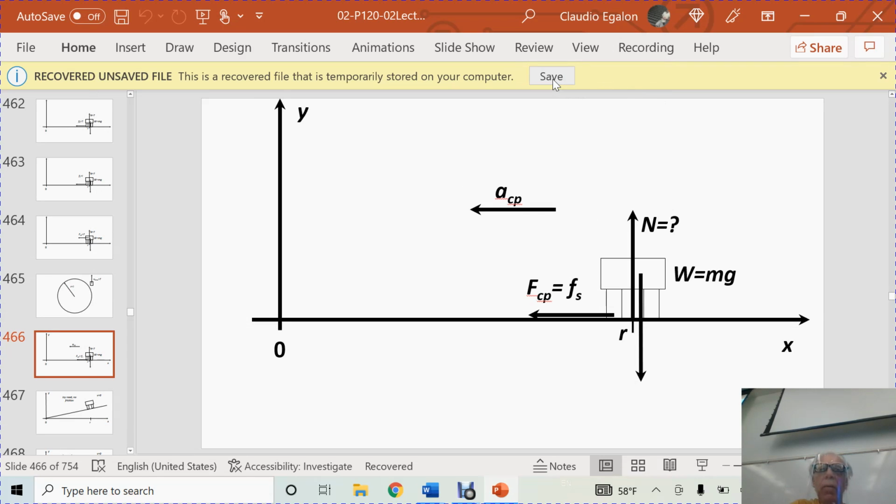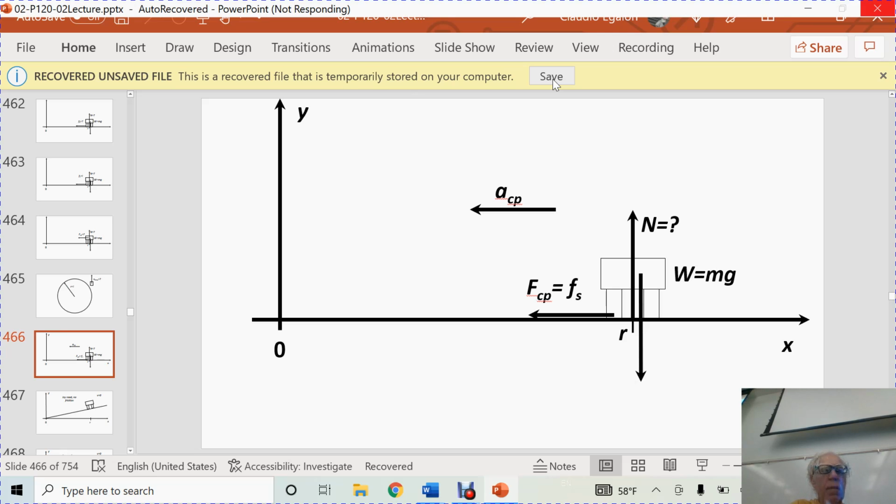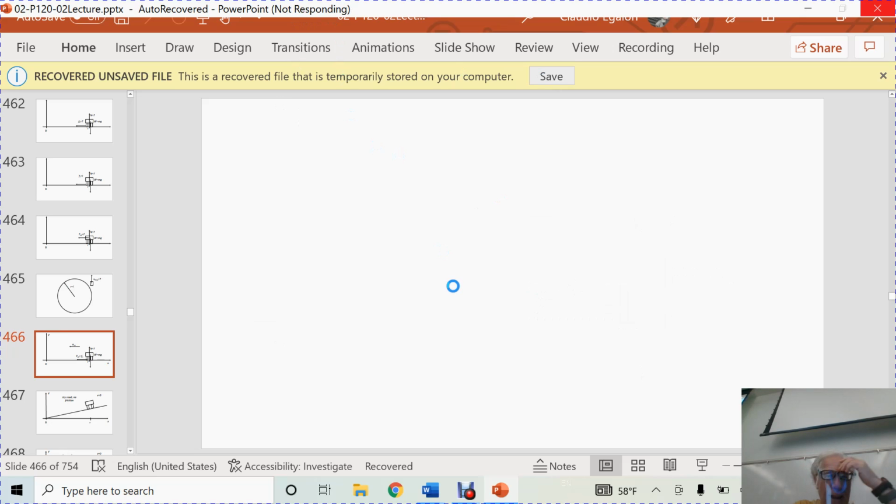Interesting. That's what we did last time, right? Oh boy, not responding. Okay, be patient. This guy doesn't want to. Well, while it saves this. Did it save it? No. Okay. While it saves it, let's use that drawing.